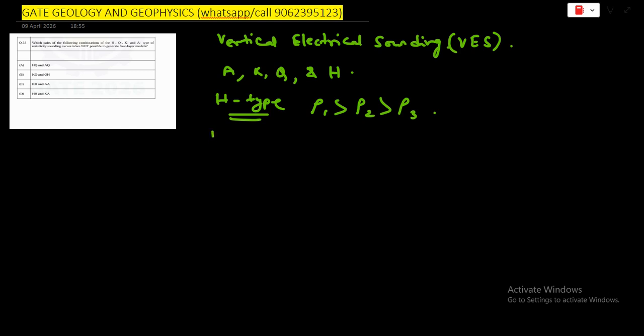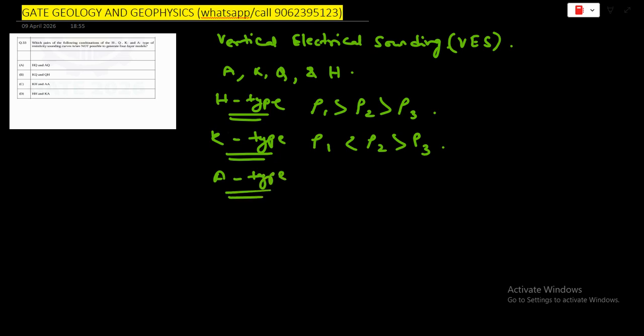Now it's the time for the K type. What's that? Rho 1 less than rho 2 greater than rho 3. Okay, so it jumps up. So think K for king. And A type: here rho 1 less than rho 2 less than rho 3.